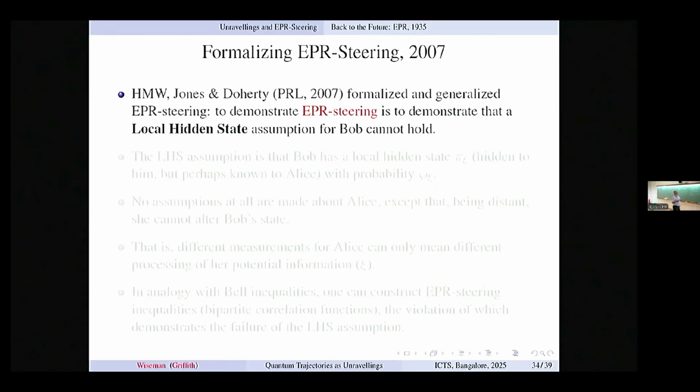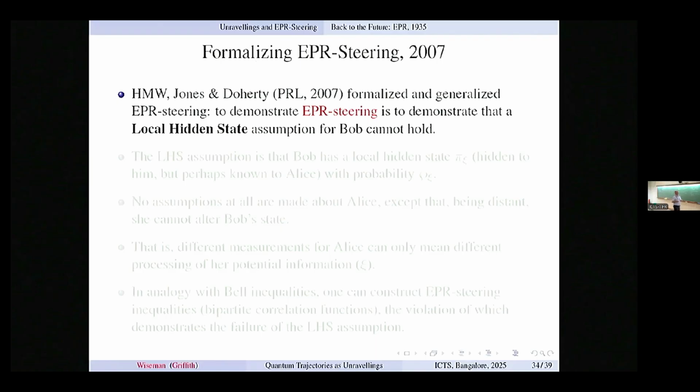Some of you might know that my work in 2007 with Jones and Doherty, which was formalizing and generalizing this phenomenon for arbitrary measurements and arbitrary states, is actually way more cited than any of my quantum trajectory papers or quantum feedback papers. But anyway, this is actually where I'm probably these days most known in the physics community.